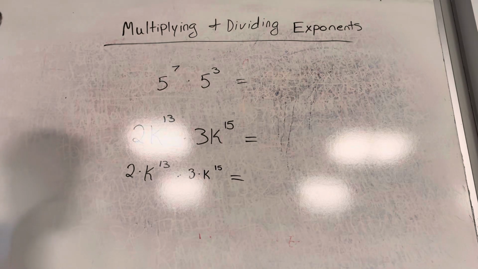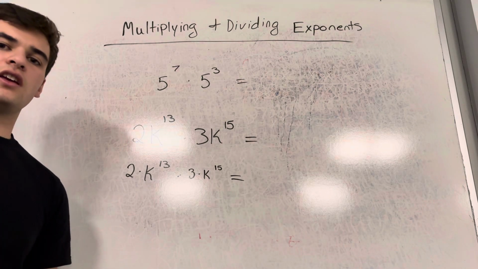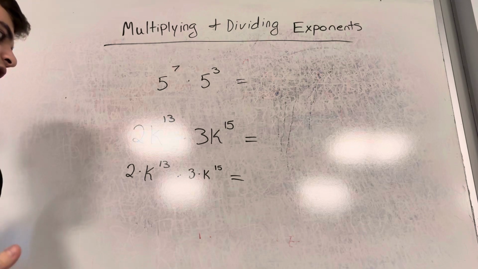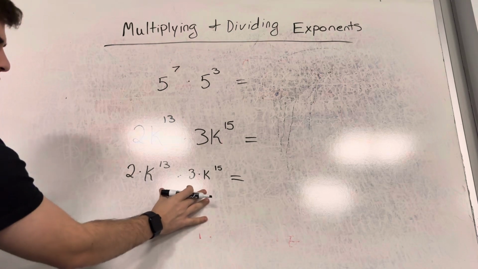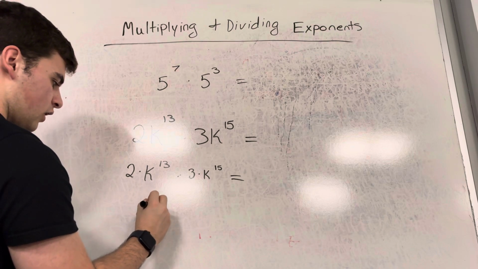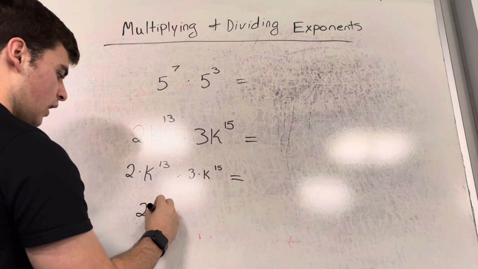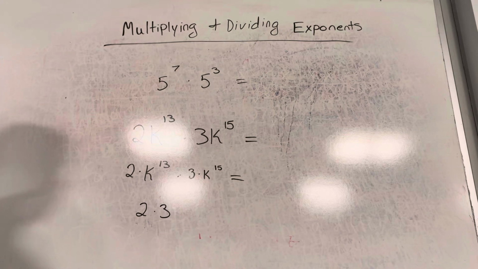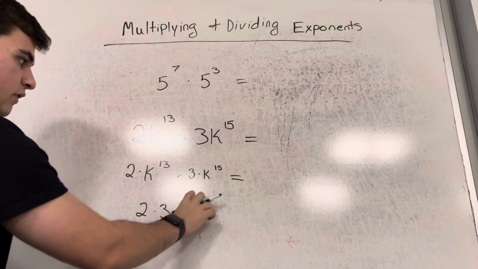And we know that multiplication is commutative, so we could do it in any order, it doesn't matter. So if we want to move our terms around so that we could see this a little bit easier, we have our constants, 2 times 3, and then we could do our exponents and our variables.